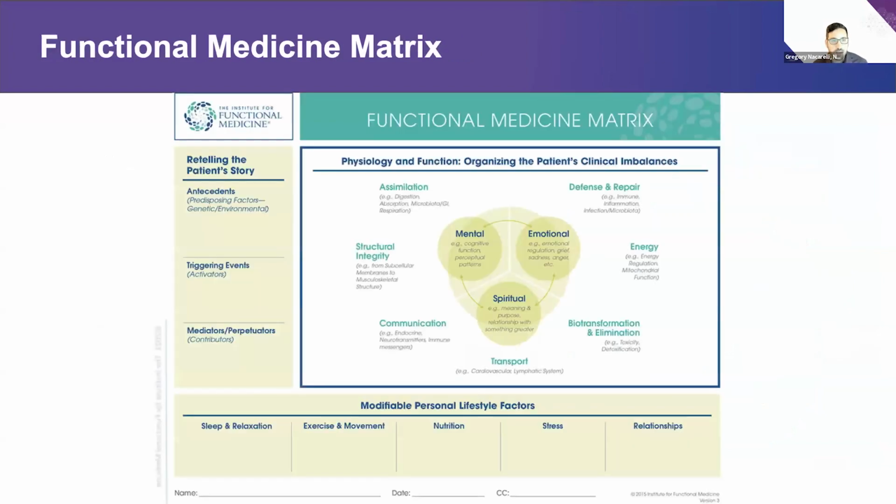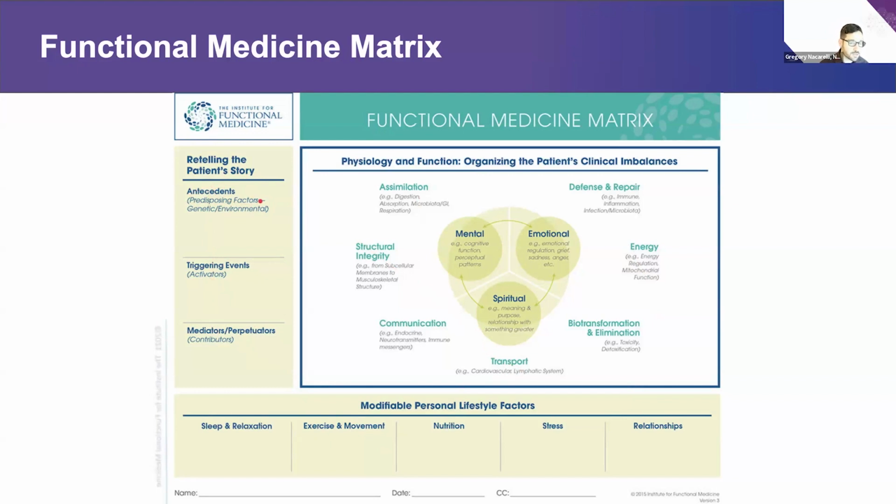So to practice functional medicine involves utilizing something called a functional medicine matrix, or at least getting familiar with it. The functional medicine matrix outlines the systems and the areas which a functional medicine practitioner is looking at. So things are viewed within the context of antecedents, triggers, and mediators. The antecedents are predisposing factors.